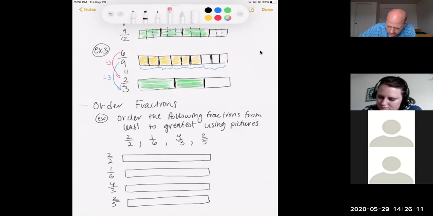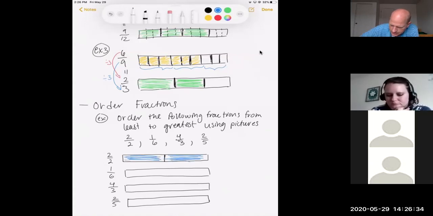And so 2/2. When you want to divide a bar in half, you want to just draw one line in the middle. And so when I'm talking about 2/2, I'm talking about both parts here, this one and this one. So 2/2 make a whole.